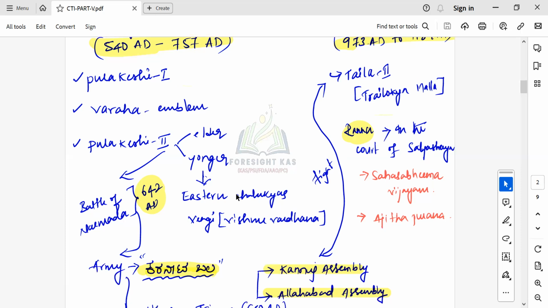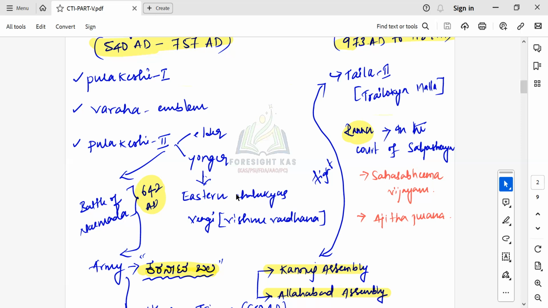He came towards the border, the river Narmada, which is located between the Vindhya and Satpura ranges and was dividing North India and South India. Harsha was ruling almost all the northern part, but when he tried to come into the south, Pulikeshi II defeated him. So that's also very important. And the battle was fought in 642 AD.